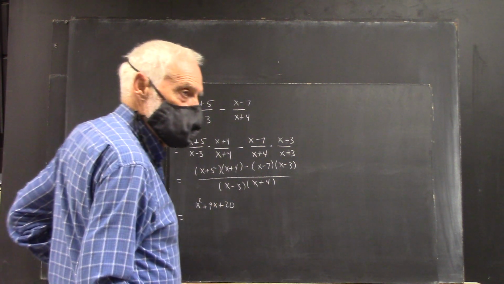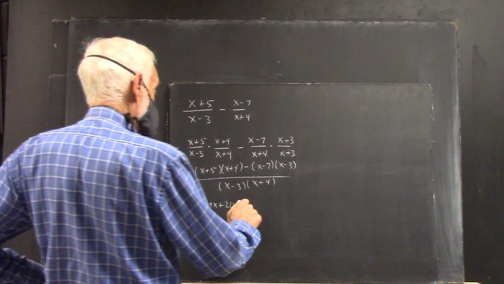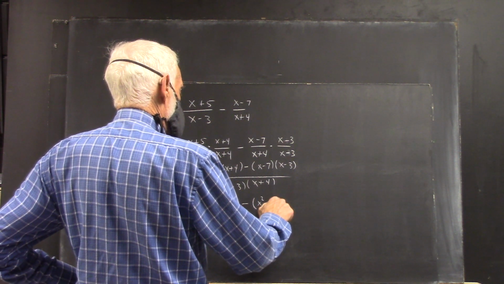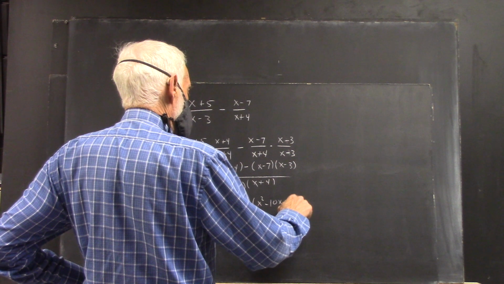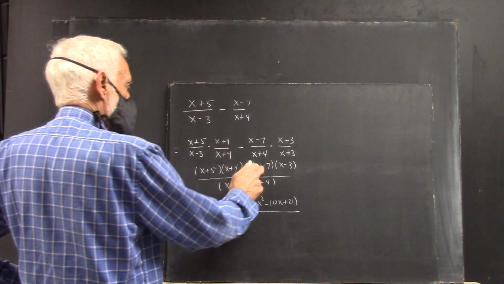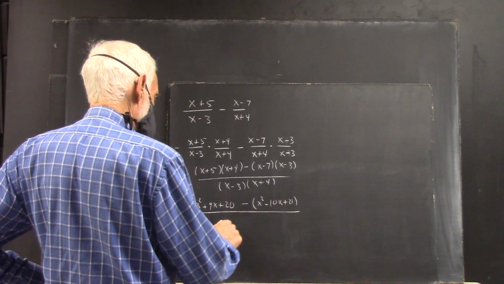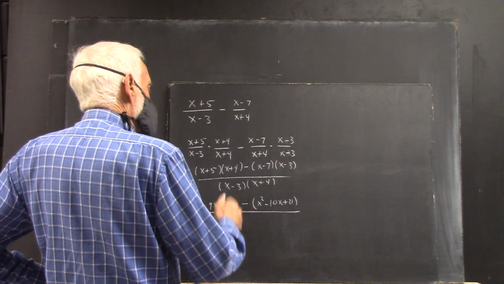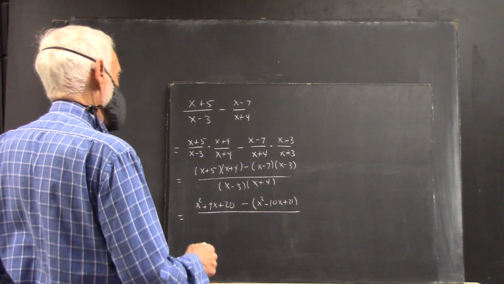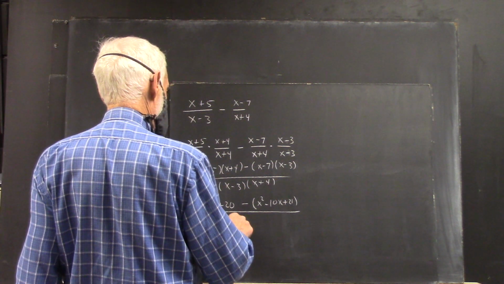I'm not using the distributive law, so I'm probably messing them up. Okay, so what we have, then, minus the quantity x squared minus 10x plus 21. Okay. So, expanding this, we get this. Expanding this, we get this, if I've done it right. And we could expand the denominator, but we usually don't want to just yet. You'll see why.